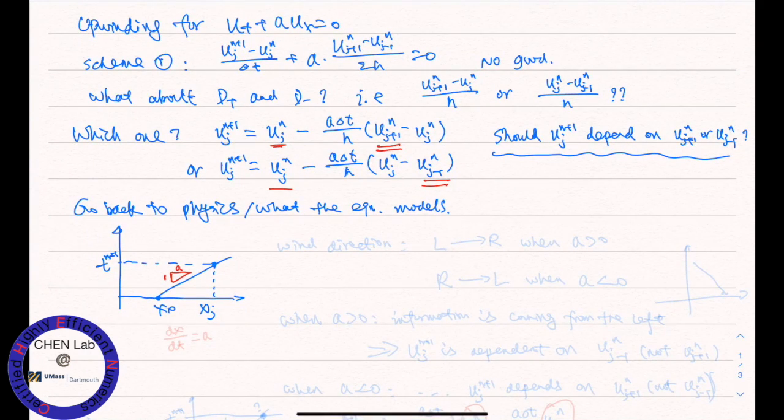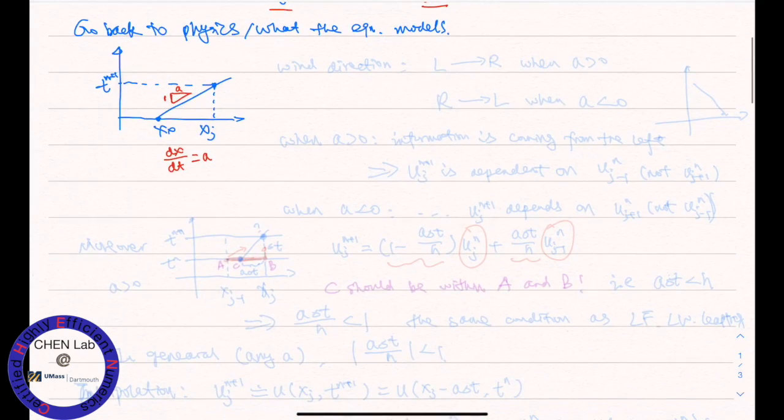Remember, we want dx/dt equal to a. So this becomes a total derivative. We go revisit the earlier video. So the total derivative with respect to t is 0. So the function is constant with respect to t, so it doesn't depend on the time. The function value at time t_{n+1} is equal to the function value at time 0.